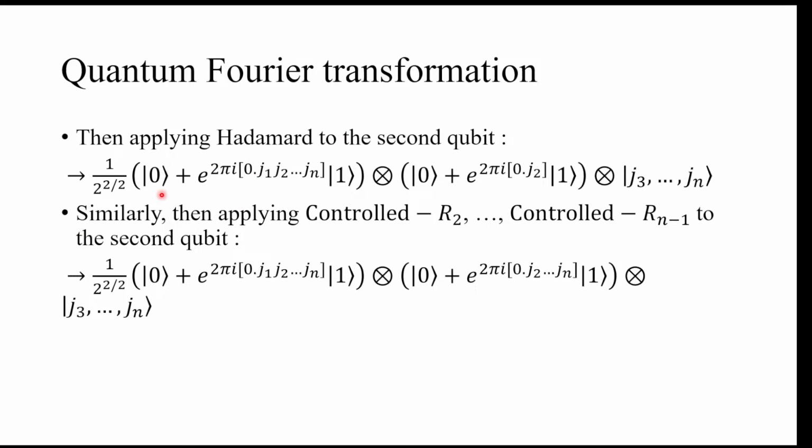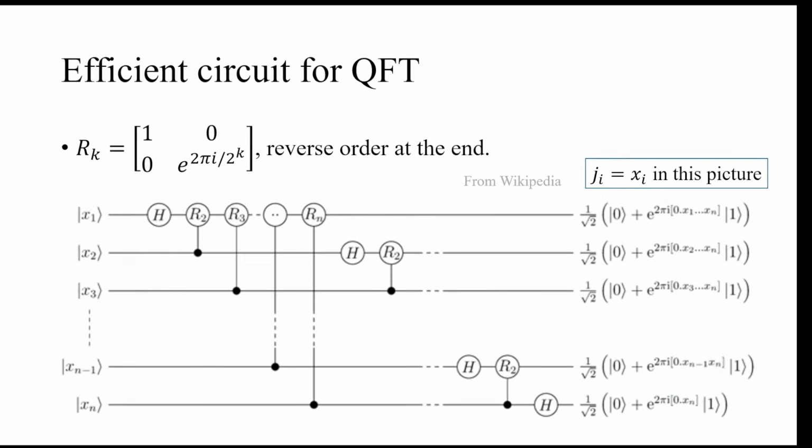So you can do Hadamard on the second qubit, get 0.j2 and all the other things. On the second qubit, you need to control on all the third to nth qubits, and in the end, you will get this phase.